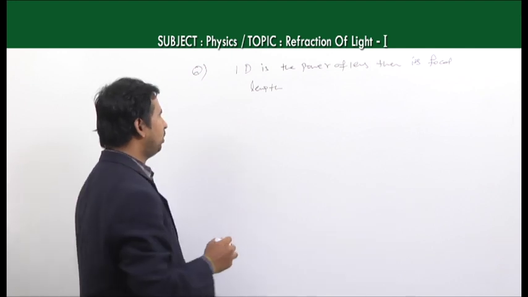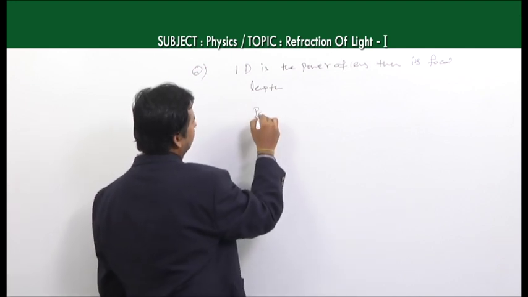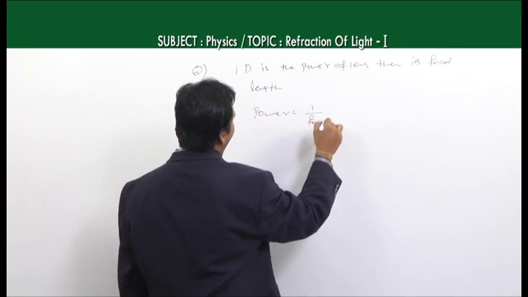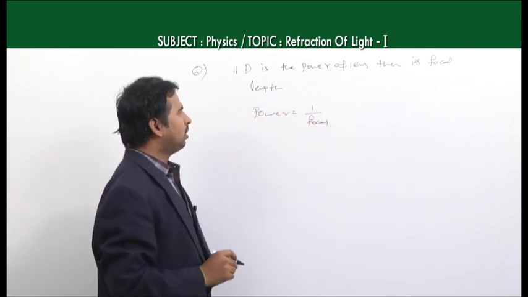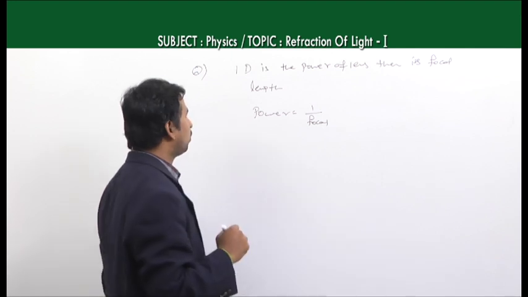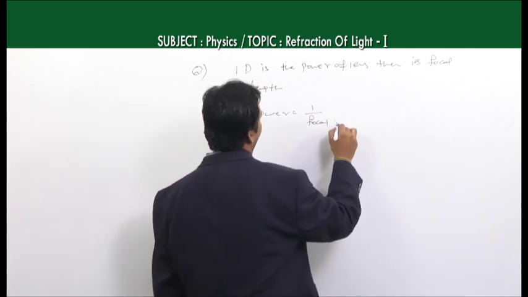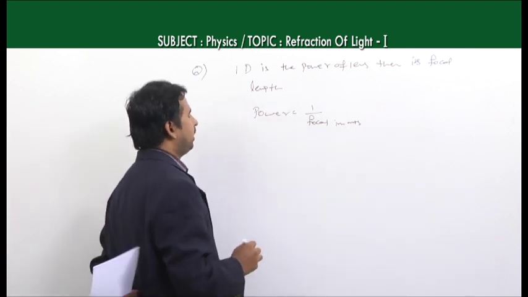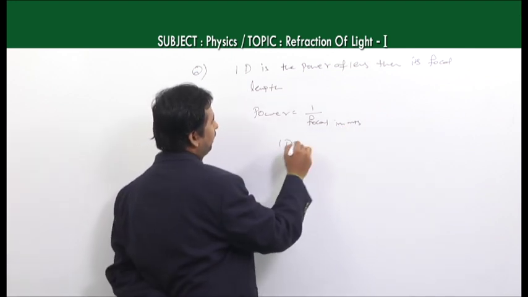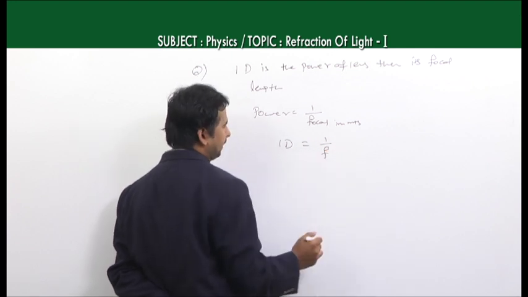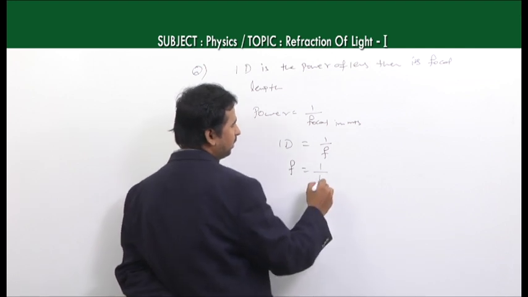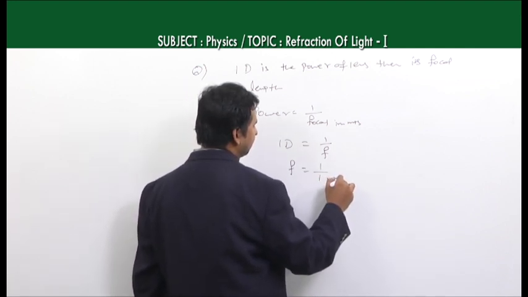So we know that power is equal to 1 by focal length, and that focal length we are taking in meters. Then power is equal to 1D, which is 1 by F. Then F is equal to 1 by 1, and we are taking this in meters.